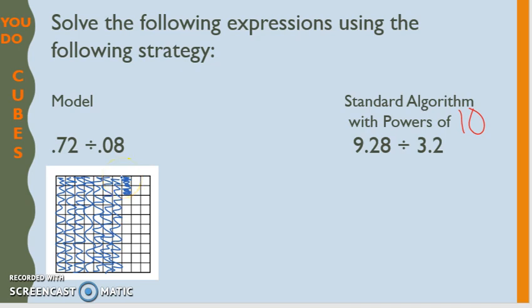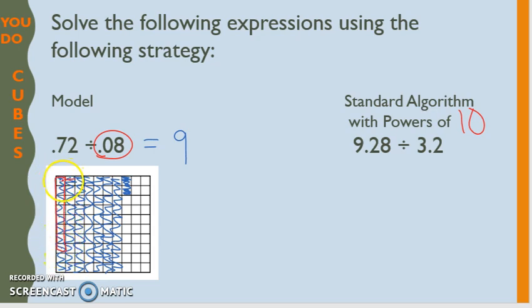Now remember, we want to divide this out into equal groups. And if we were to divide this, saying 72 divided by 8, we would get 9. So we know that we want 9 equal groups. So let's go ahead and see if we can come up with 9 equal groups of 8 hundredths each. So we have 1, 2, 3, 4, 5, 6, 7, 8.